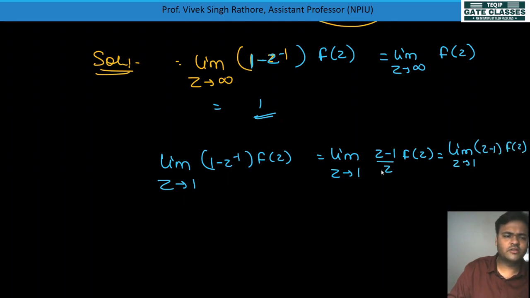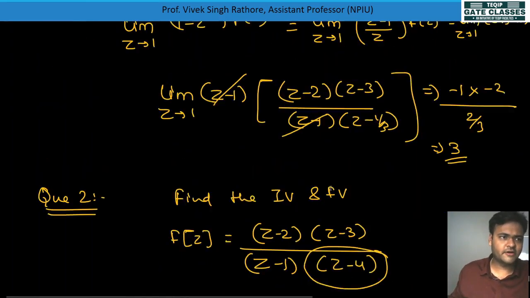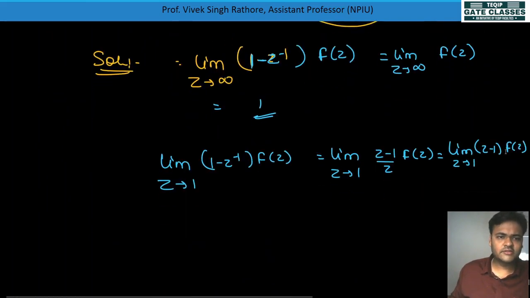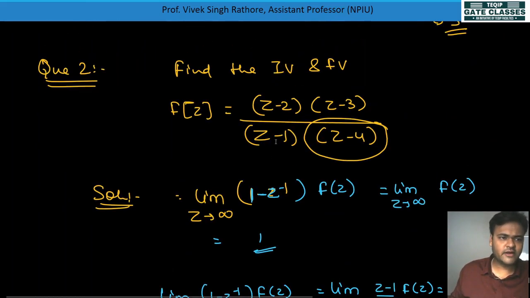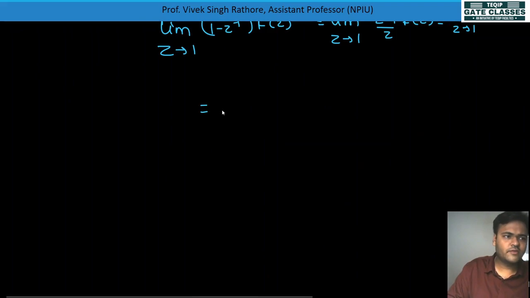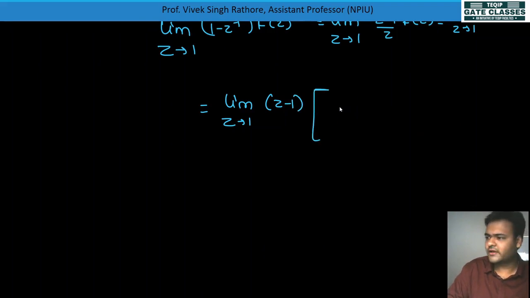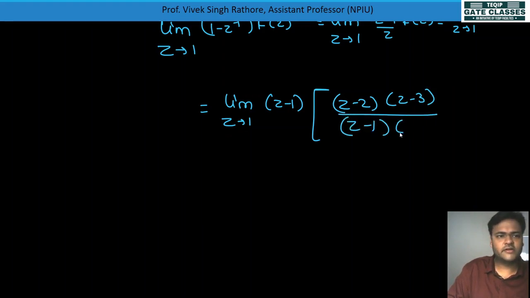Any of the three can be written. The most important thing is, if we write z minus 1, then we can put the value. So limit z tending to 1, z minus 1 is there, and f of z we can write as z minus 2, z minus 3, right, z minus 1, and z minus 4 is there.